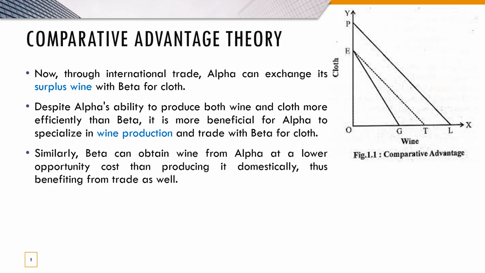Similarly, Beta can obtain wine from Alpha at a lower opportunity cost than producing it domestically, thus benefiting from trade as well.